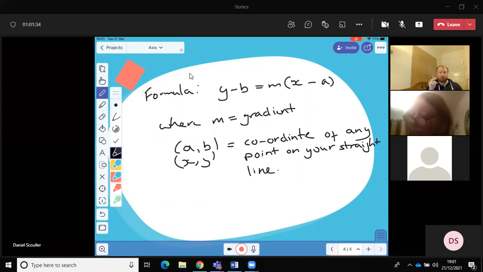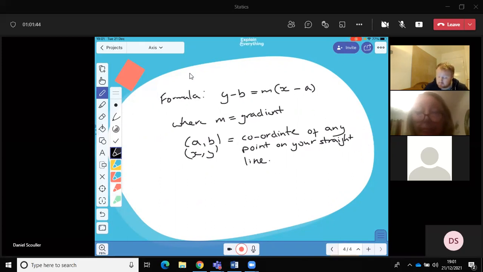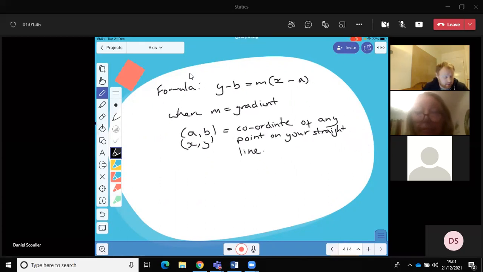We're looking for two bits of information: the gradient and at least one point on that straight line. So y minus b equals m bracket x minus a.